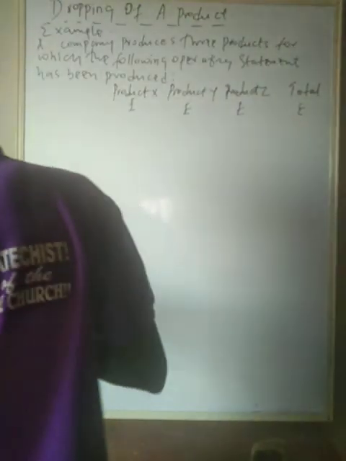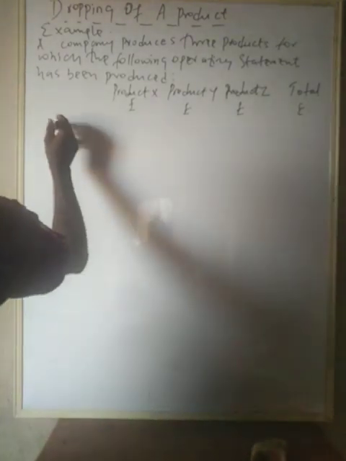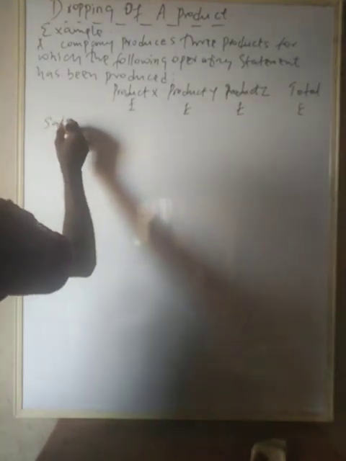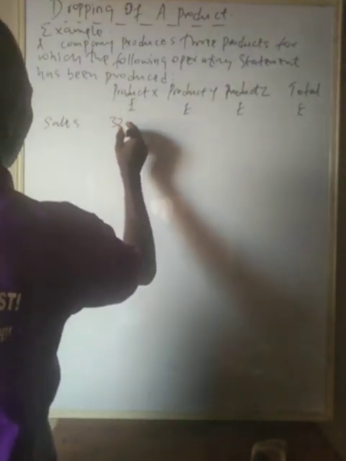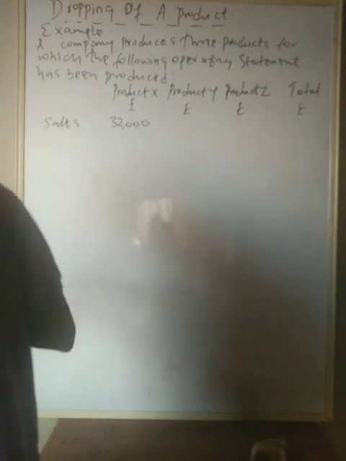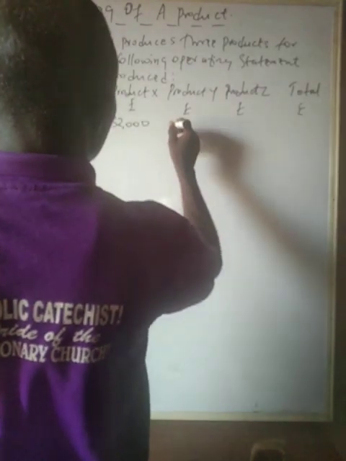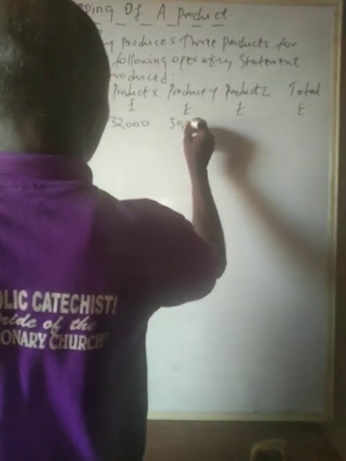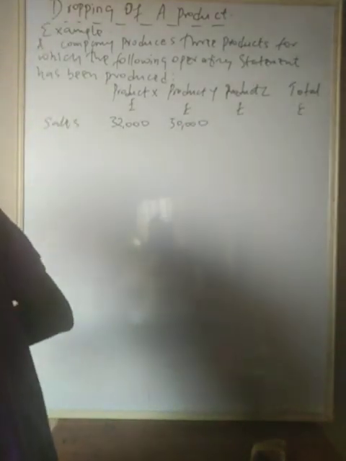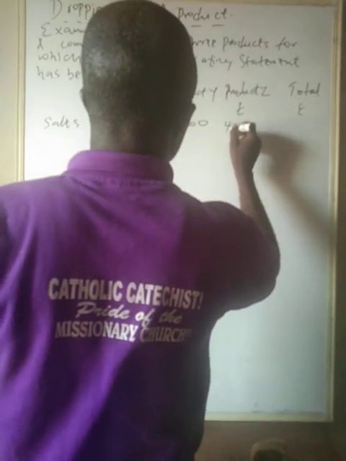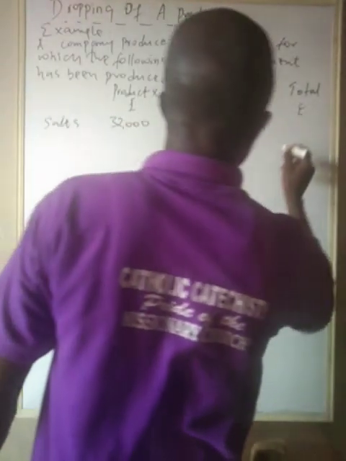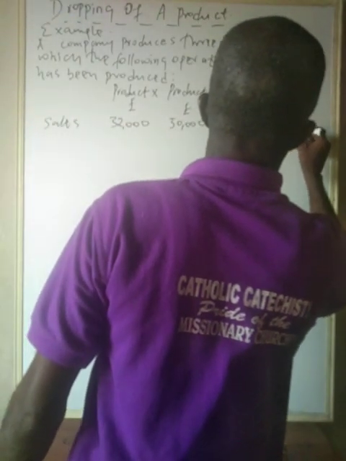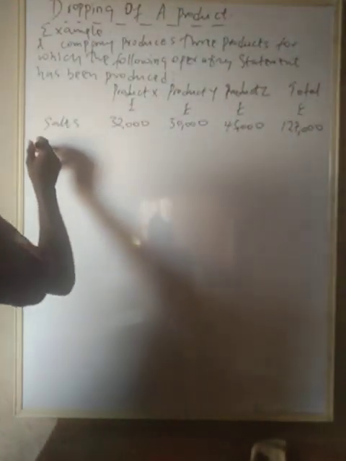Sales for product X are 32,000 pounds, product Y 50,000 pounds, product Z 45,000 pounds, and the total 127,000.